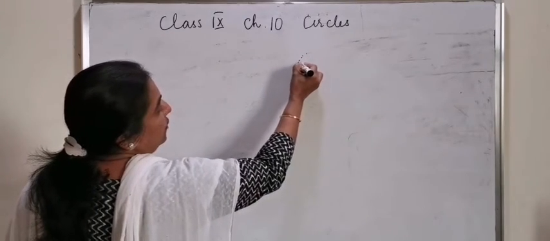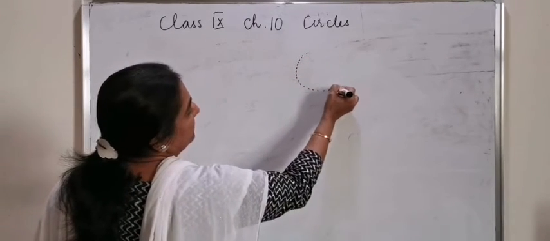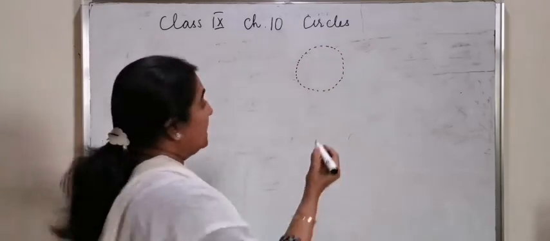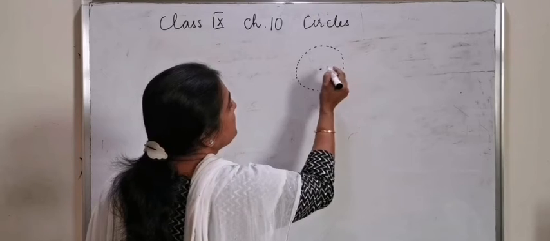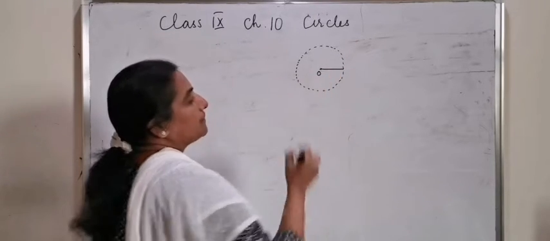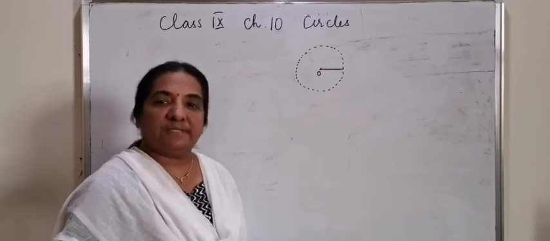The set of all points in a plane which are at a constant distance from a fixed point will form a circle.